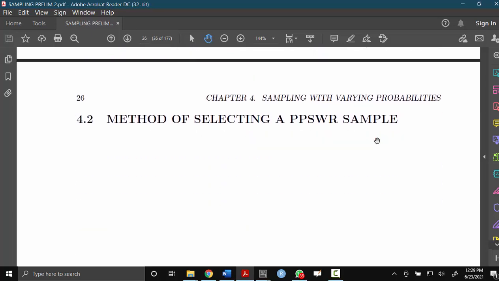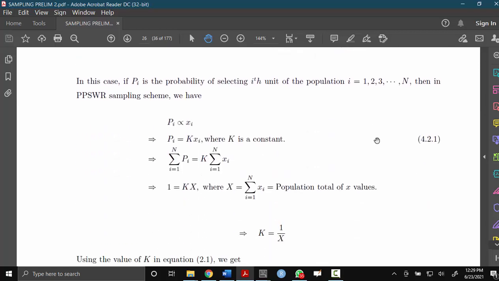Now let us see. Consider a finite population with capital N units, labeled as i equal to 1, 2, 3, 4 up to N, and Pi, capital Pi, is the probability of selecting the ith unit of the population using PPS with replacement sampling scheme, probability proportional to size with replacement.